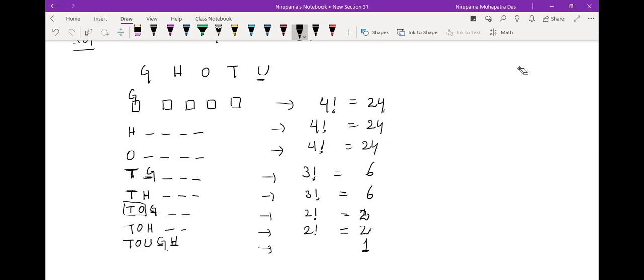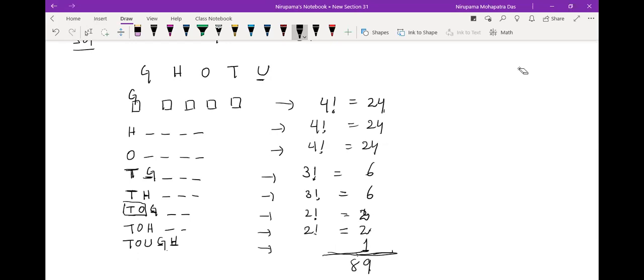So now total number of words will be how many? Just add all these. So 72, 70, 8, 84, then 88, 89.